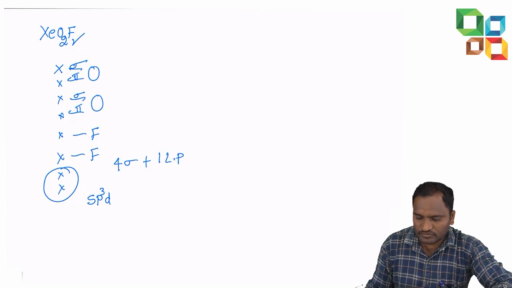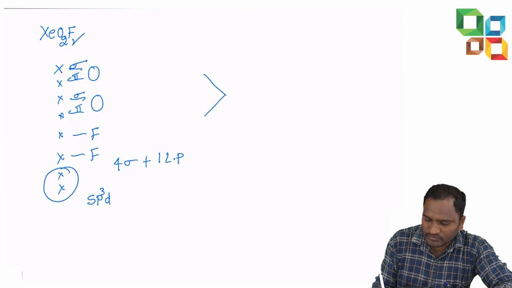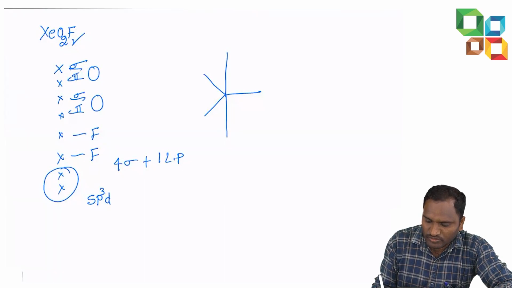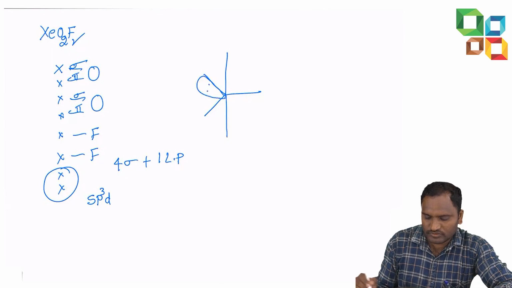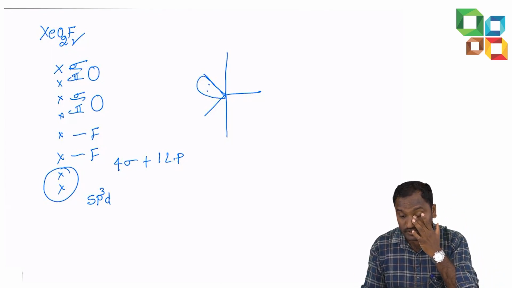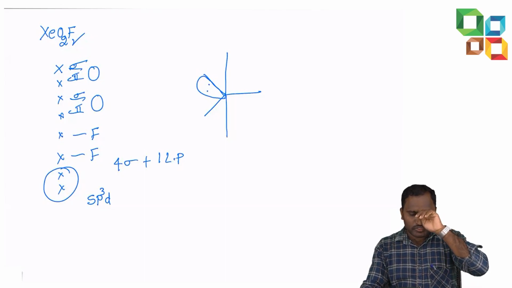The geometry of sp3d is trigonal bipyramidal. There is 1 lone pair, so distorted tetrahedral, Srivani, correct answer. Xenon will be the center, and oxygens and fluorines will be attached.